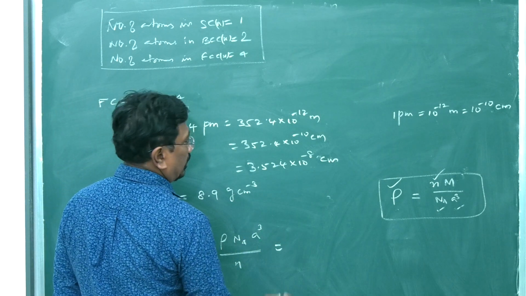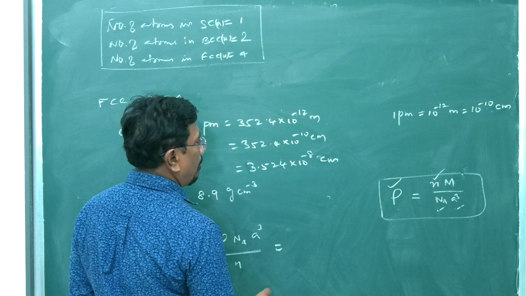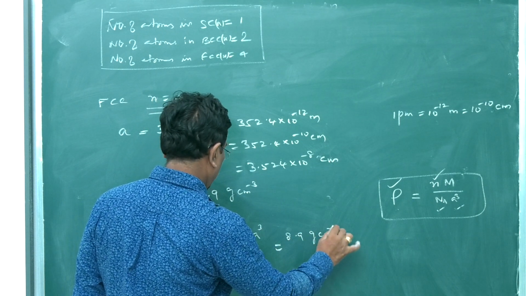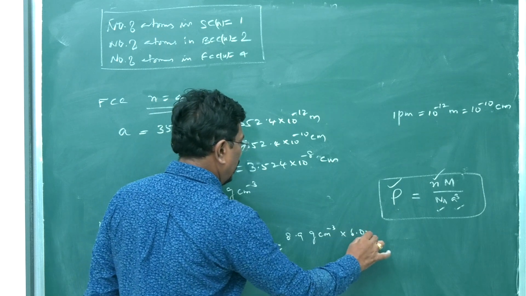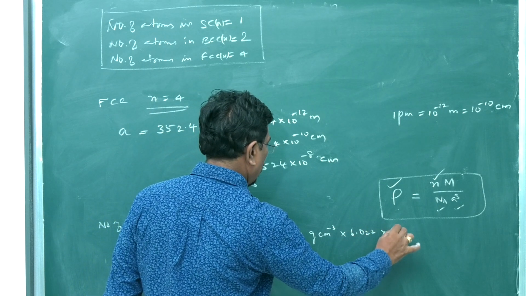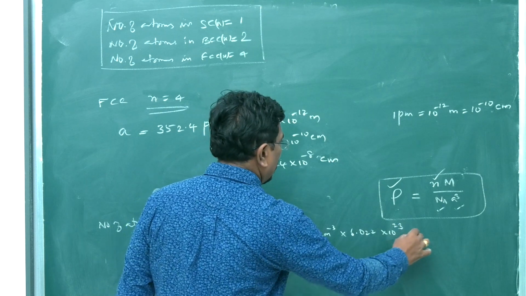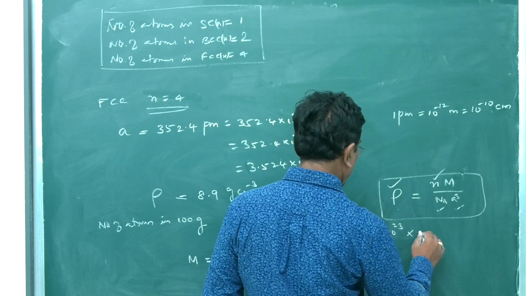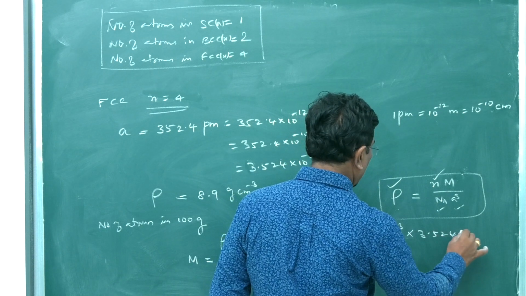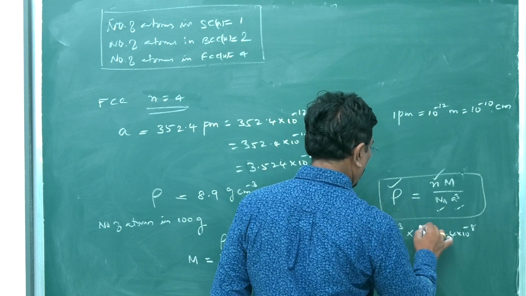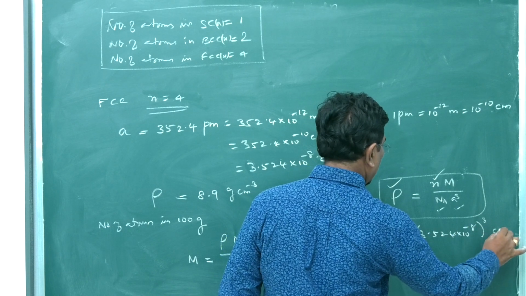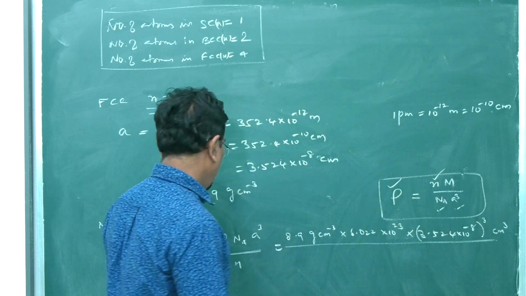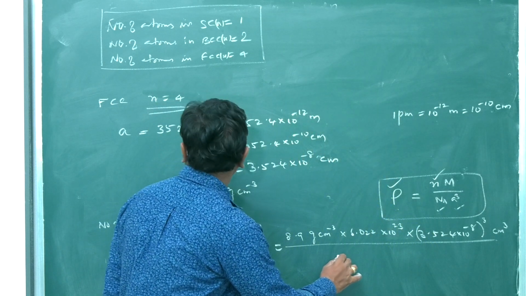So M is equal to 8.9 gram per centimeter cube into 6.022 into 10 power 23 into edge length. What is the edge length? 3.524 into 10 power minus 8, whole cube, centimeter cube, divided by n, which is 4.